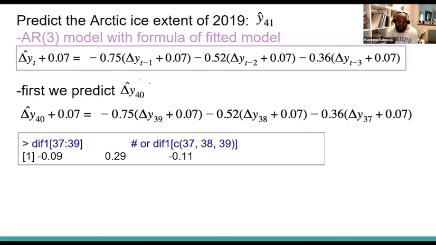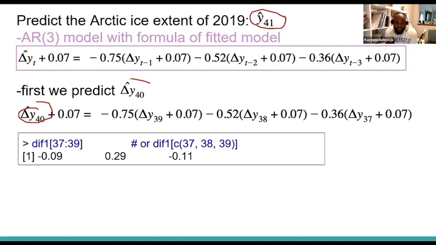Now we want to make a prediction for 41. If I plug in 40, that cannot be 40, right? It is 40 minus 1, 39, 38, 37. So from here I can determine this guy. How am I going to determine it? I go back to the differenced data.